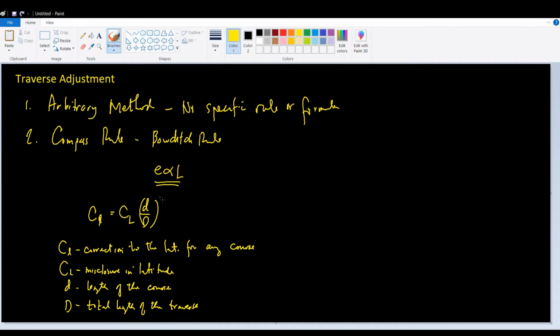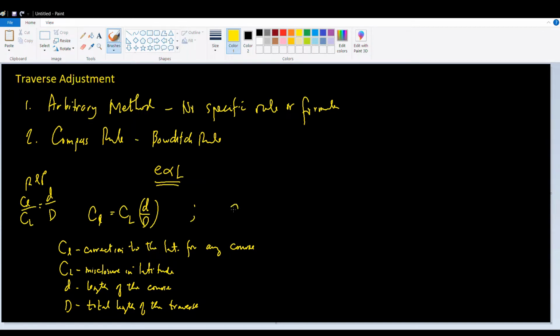This formula is simply based on ratio and proportion. The correction for latitude of any course is to the total latitude correction as the length of that course is to the total length of the traverse, or the total perimeter.